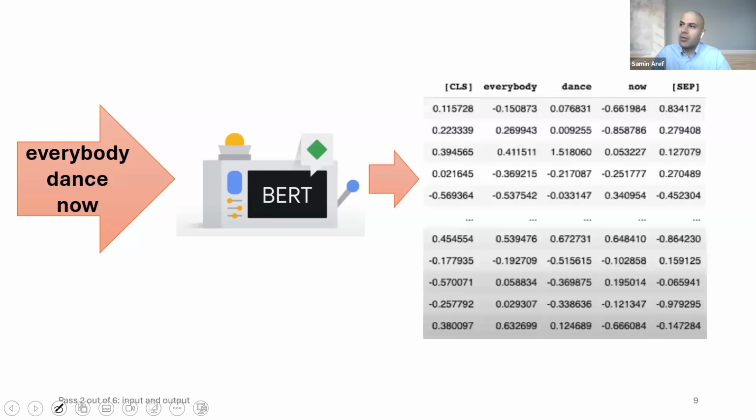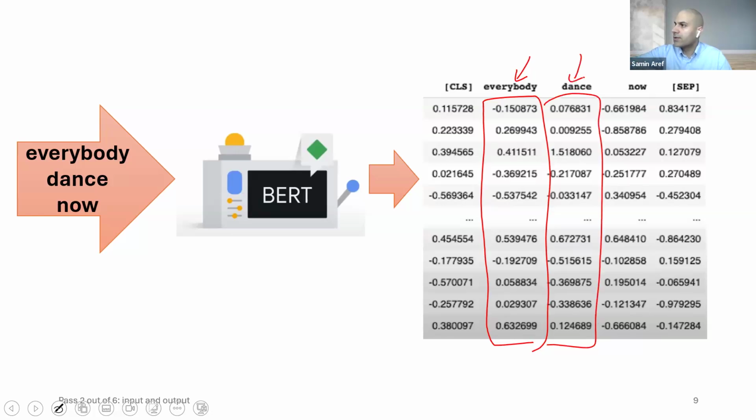If the input is "everybody dance now," it's going to return a vector for the word everybody, another vector for the word dance, another vector for the word now. And then there are also two special tokens, CLS and SEP, and the BERT model also produces vectors for these two special tokens as well.